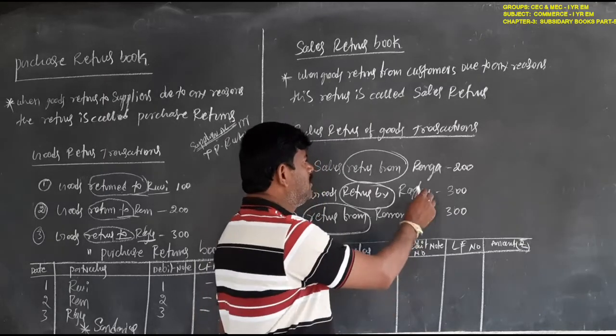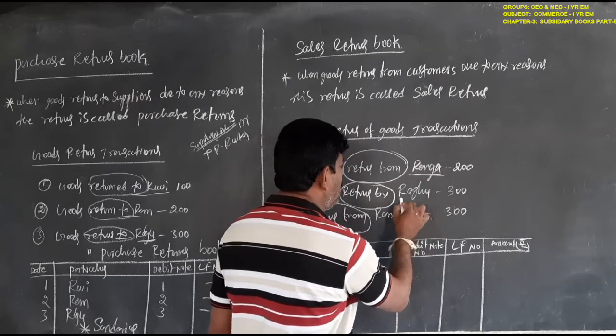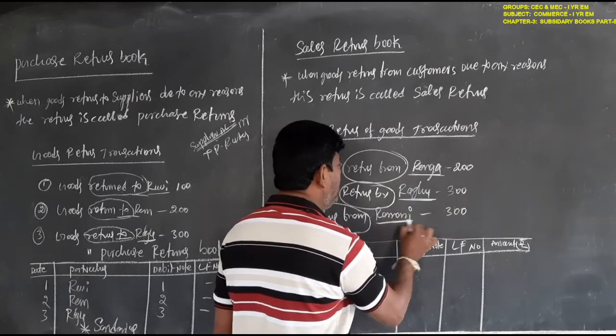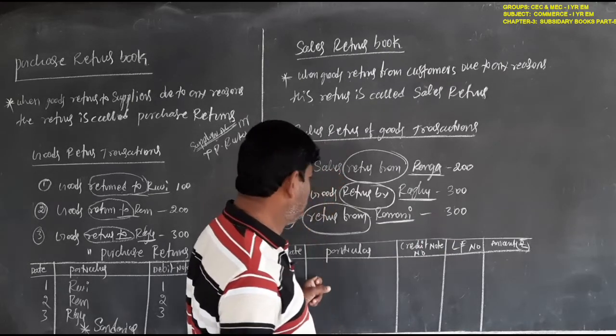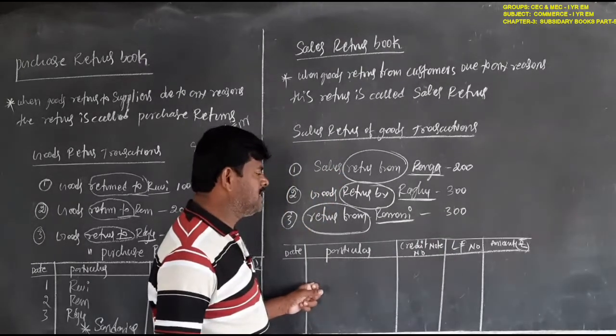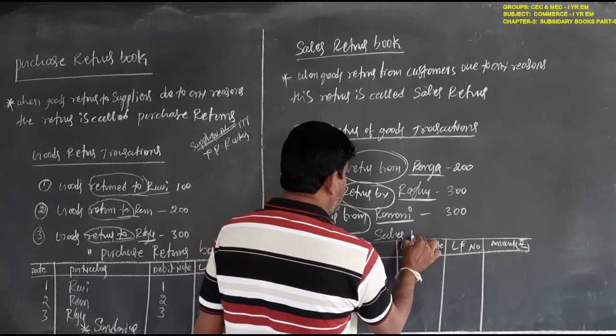And the goods returned from whom? Ranga, Raju, Ramani. These are the customer names, and customer names must be recorded in a particular column in the sales returns book.